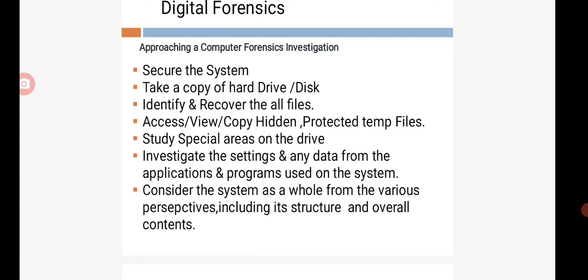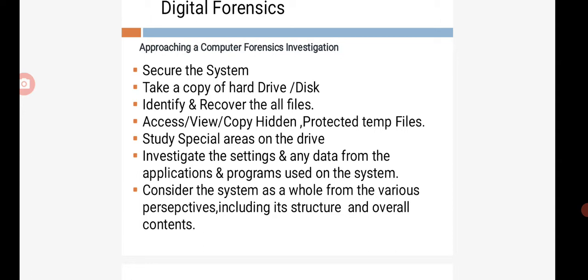Here the responsibility of the risk analyst or system analyst or cyber inspector is to recover all the files with the help of tools which are available online, or license-based software. With that we have to recover the deleted files.